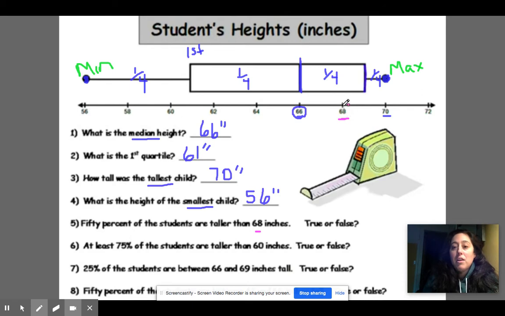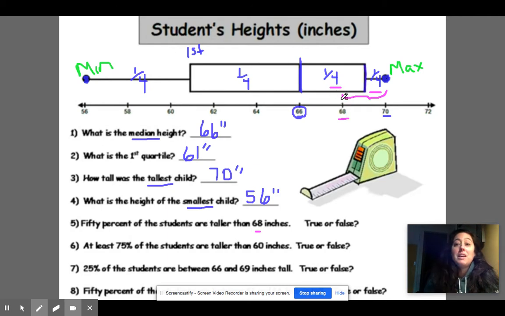Now, if I look from 68 to the end of my data, remember, 2 quarters is 50% of the data, and each quarter is 25%.